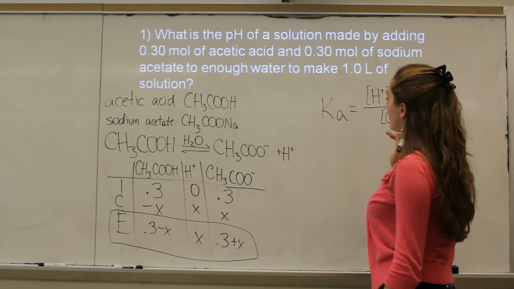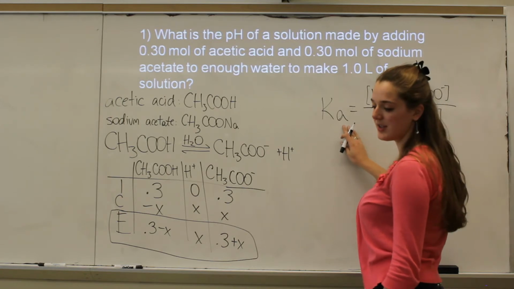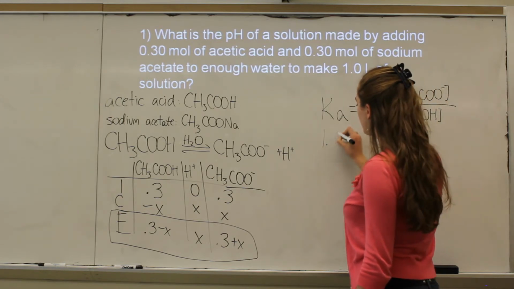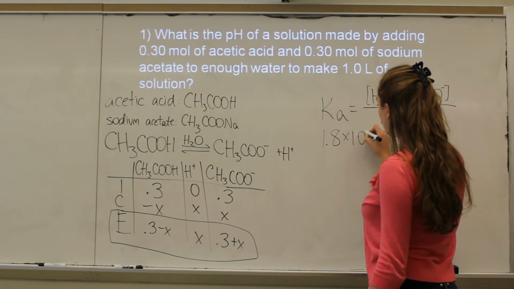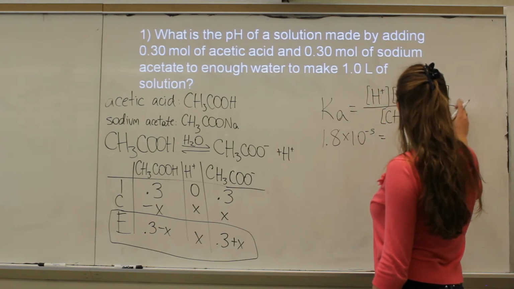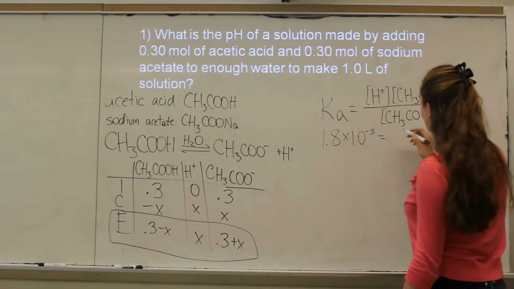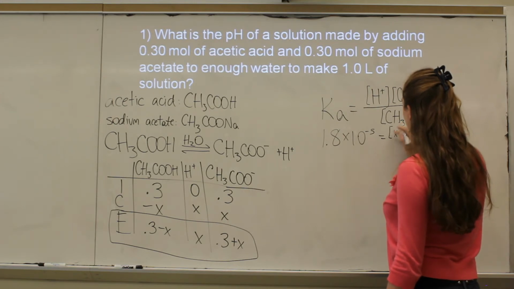And the Ka value will be given, and in this case it is 1.8 times 10 to the negative 5. And then we just plug in the values from our ice table. So the concentration of H is x as far as we know.